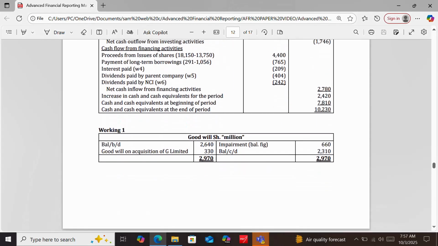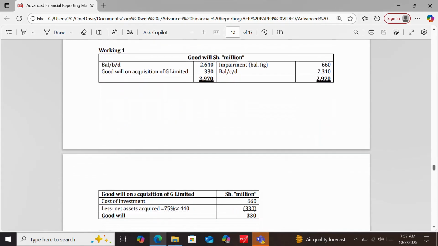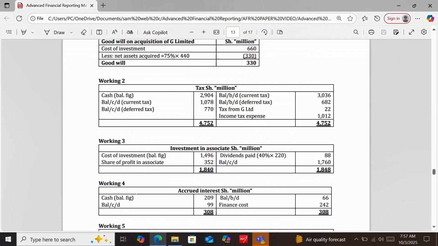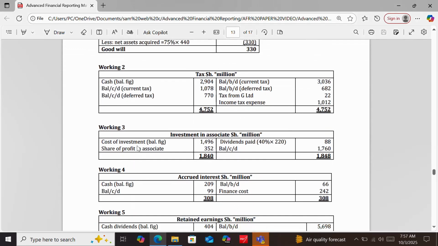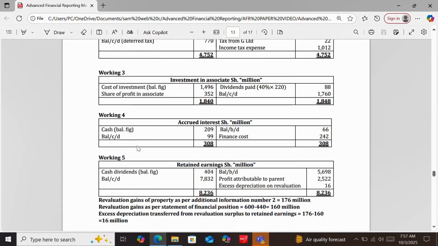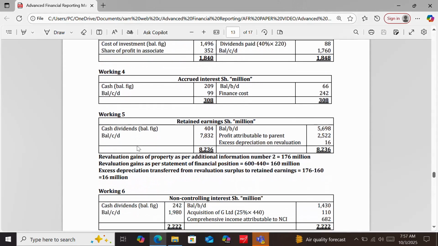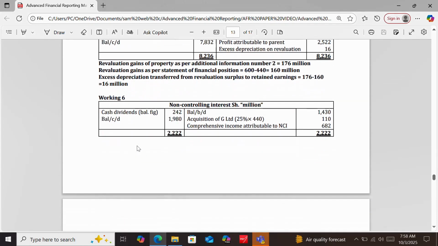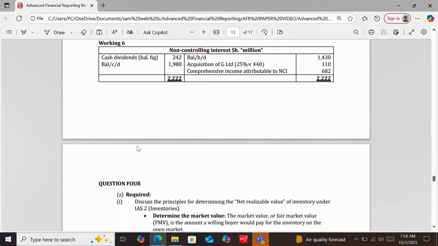Then we have working 1, working 2, working 3, working 4, working 5, working 6. So working 6 is the last working of that part of the question.